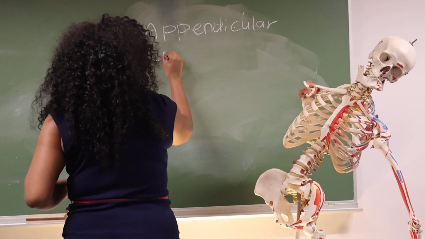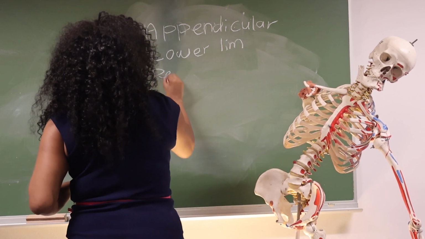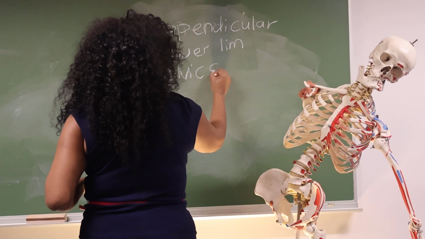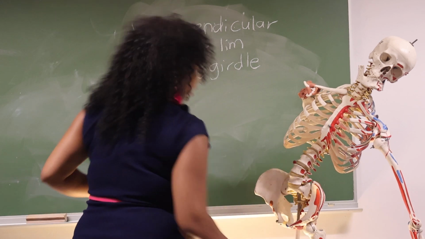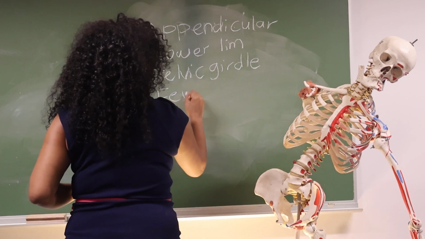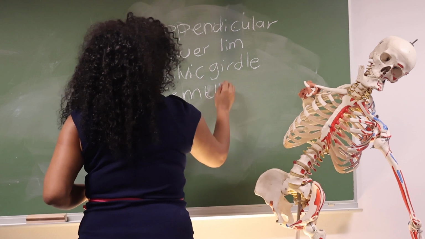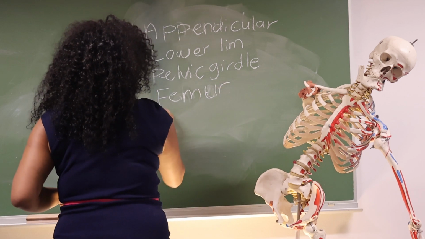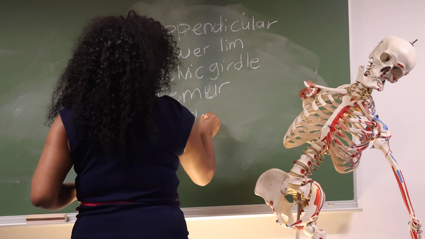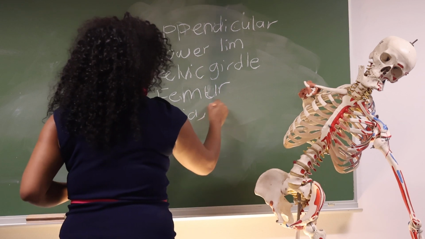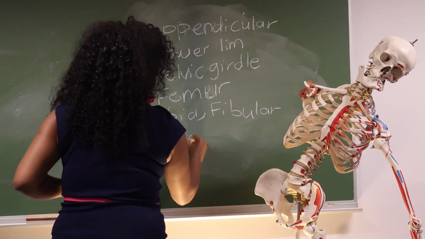So the lower limb is the pelvic girdle, and then we have the femur, and then we have the tibia, as well as the fibula, not forgetting the bones in the foot.